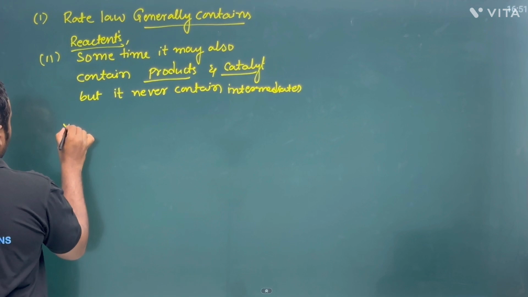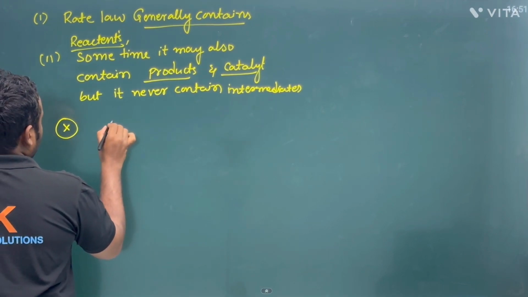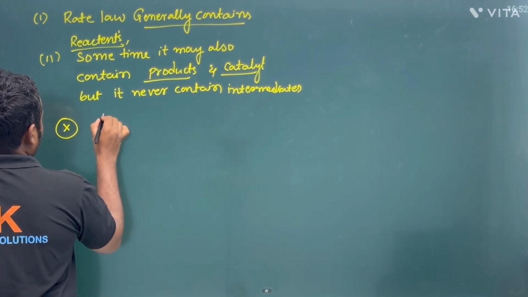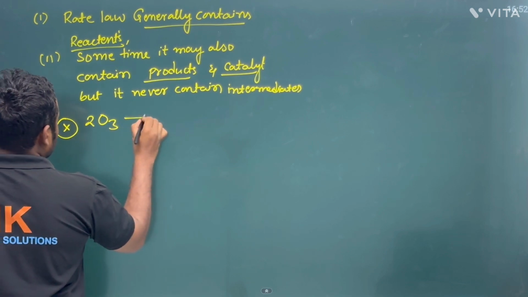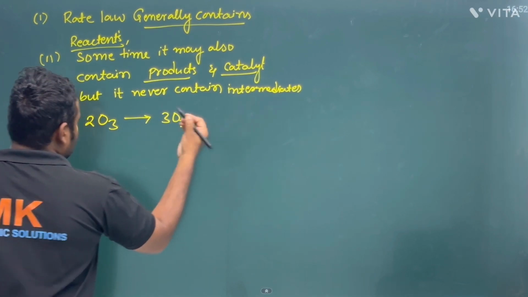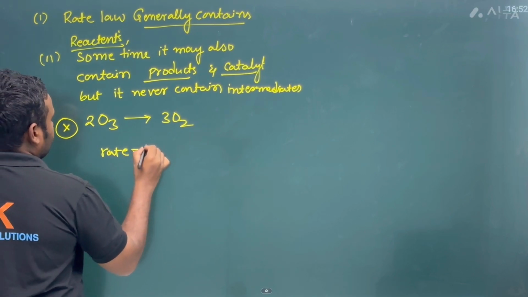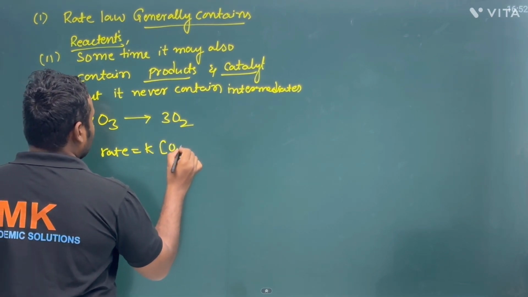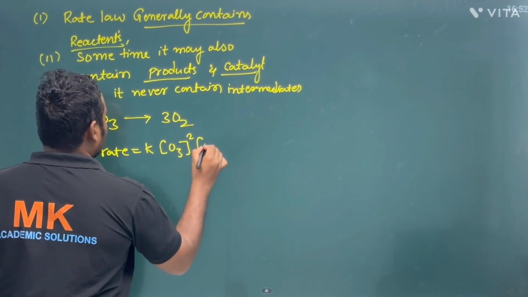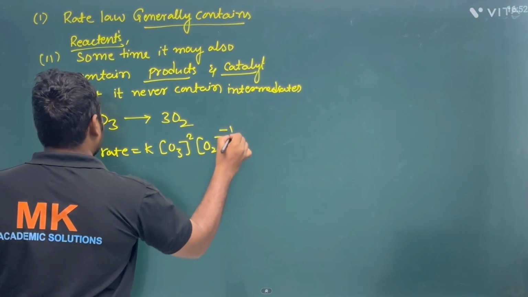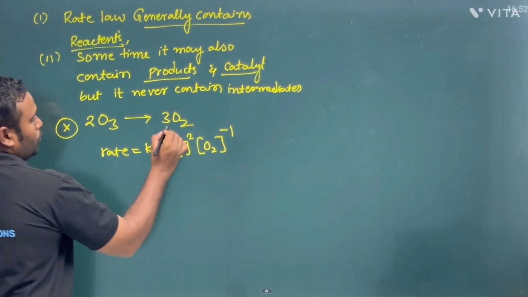See, for example, previously the decomposition of ozone: 2O3 gives rise to 3O2. So what is the rate law for this? Rate is equal to K into [O3] square and [O2] power -1. So what is O2? O2 is the product.